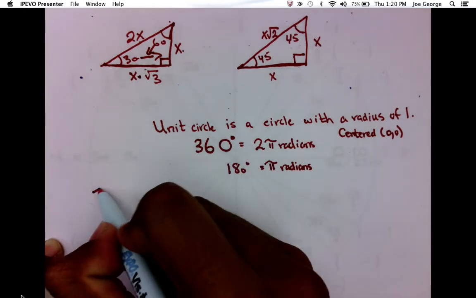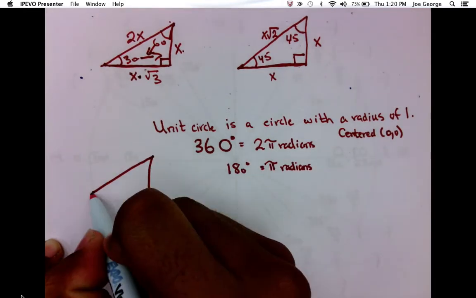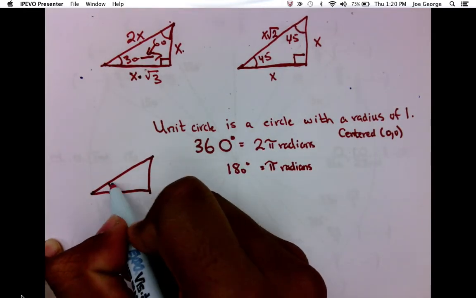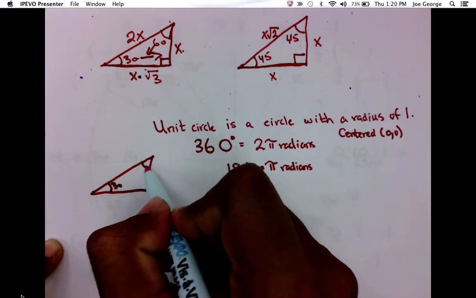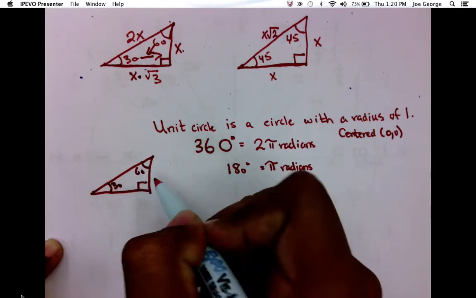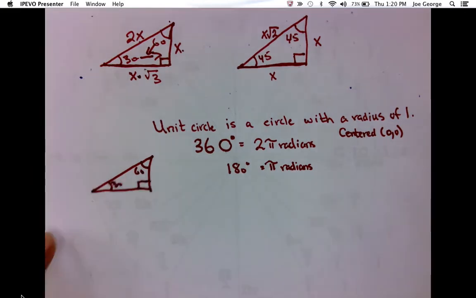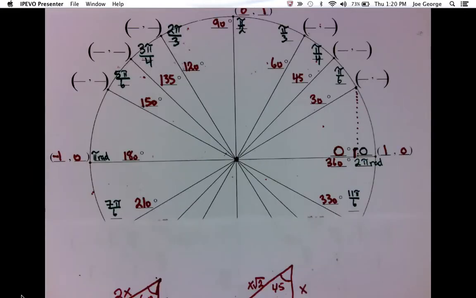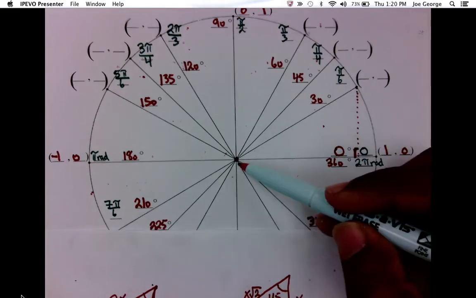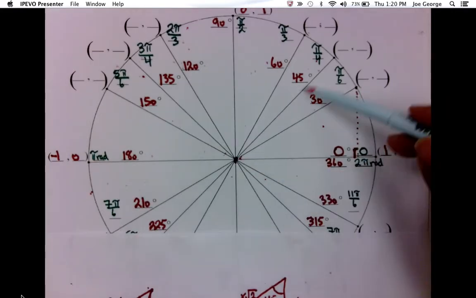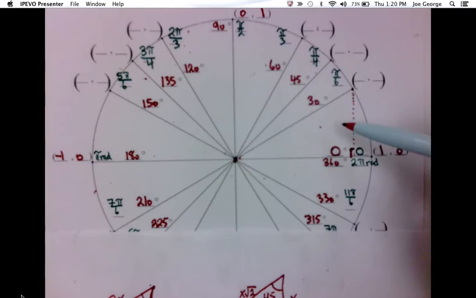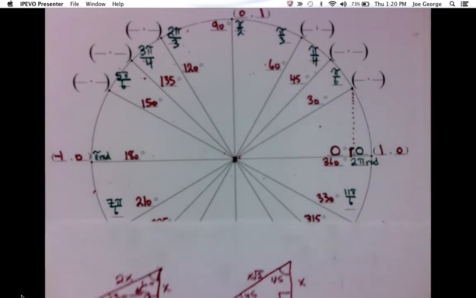Now, if I want to find my coordinates for the 30-degree angle, here's my 30, 60, 90. The one thing I happen to know on my unit circle is that my radius is 1. If I start at the center and go to any point on this circle, my radius is a length of 1.